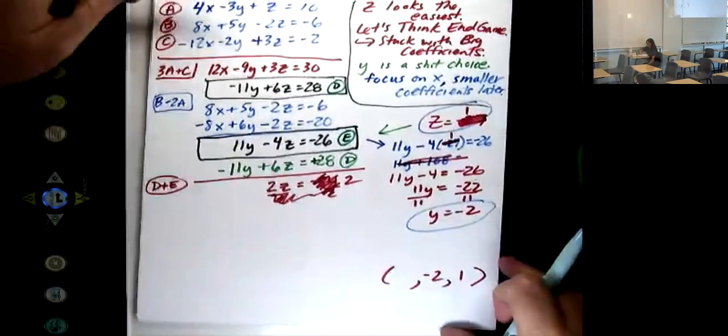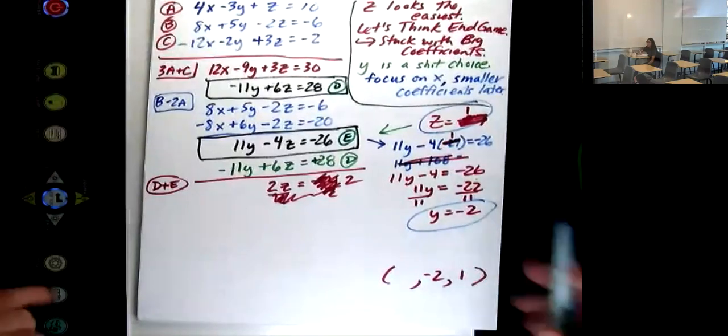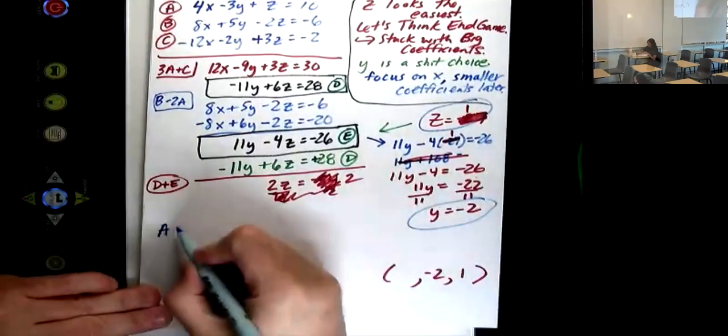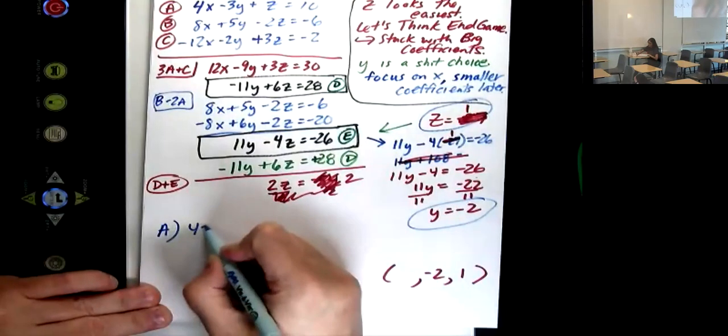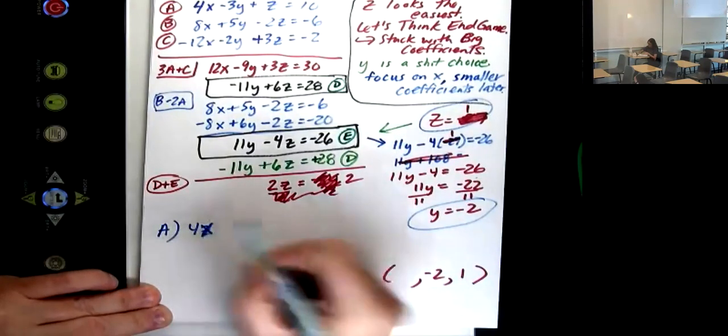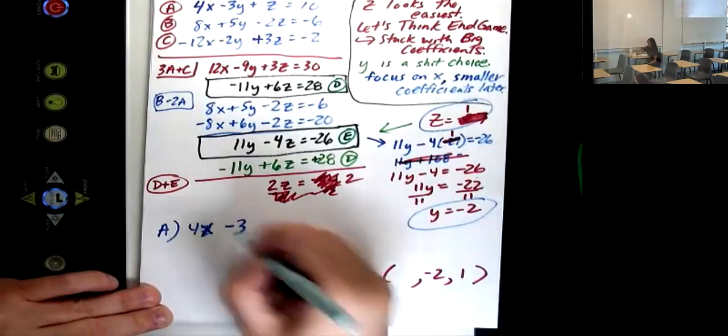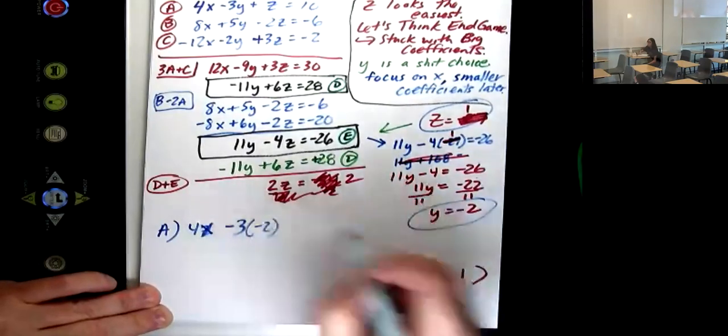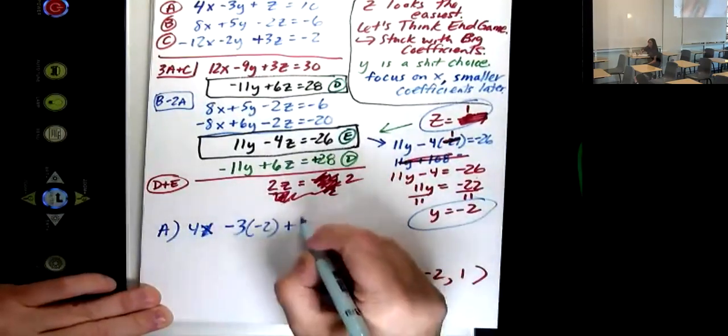Z equals 1, y equals -2. And we'll go back to one of the original equations. It looks like A is the easiest equation to plug stuff into. I got 4x, oops, I wrote z, minus 3 times -2, plus z is +1 equals 10.